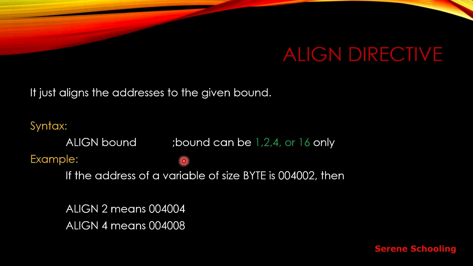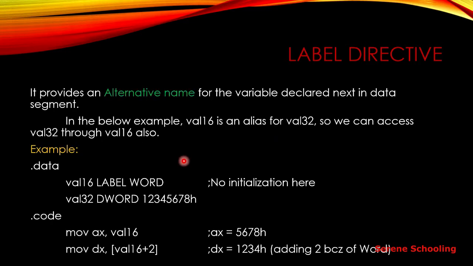Okay, so next come towards the label directive, and this is not so straightforward, so please pay concentration over here. See over here, it provides an alternative name for the variable that is declared next in the data segment.